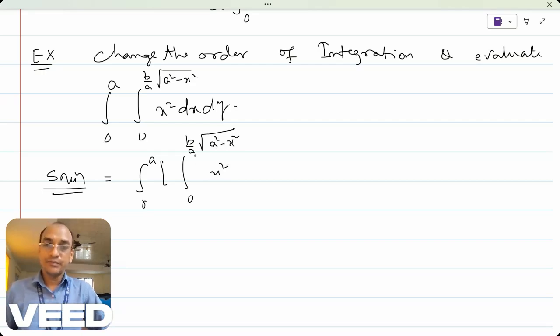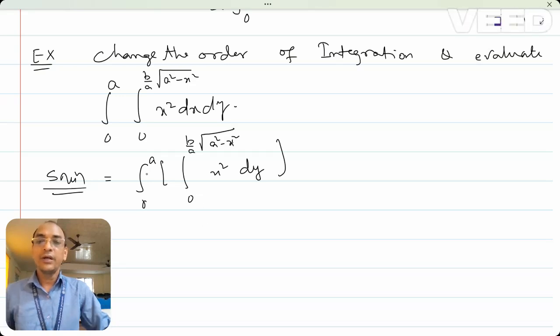Now you see that in the inner integral, one of the limits is a function of x. So definitely the inner integral will be with respect to y, and our outer integral will be with respect to x. This is of the form phi of x is less than or equal to y is less than or equal to psi of x. So phi of x is 0, but psi of x is a function of x. So the inner integral will be with respect to y. So this is the given problem.